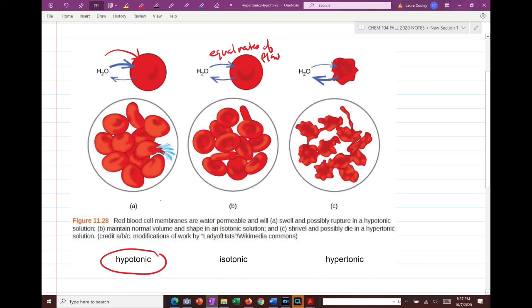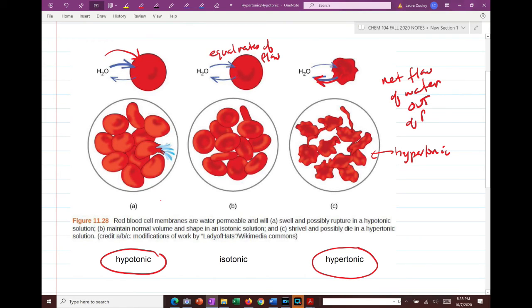And then the situation where you have a hypertonic IV fluid, so this would be hypertonic here, and then you'll have a net flow of water out of the red blood cells, and then you'll get these shriveled cells, which are really very bad.